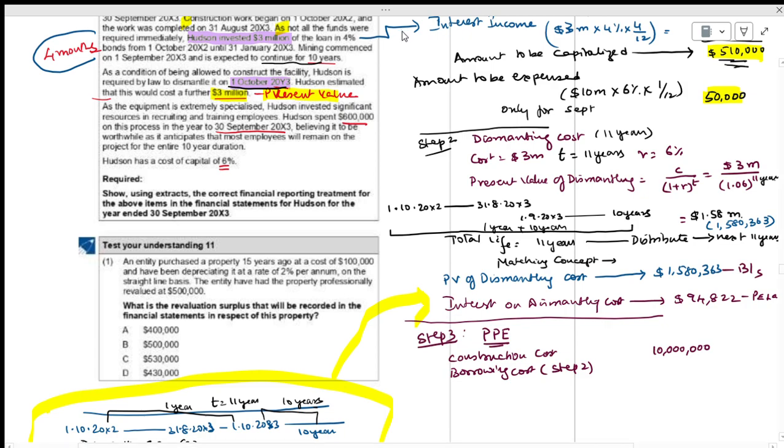Is it right? Borrowing cost is 510. Next, present value of dismantle cost is how much? Step 3. Present value of dismantle cost is 1580363. Total will be how much? 12,090,363.